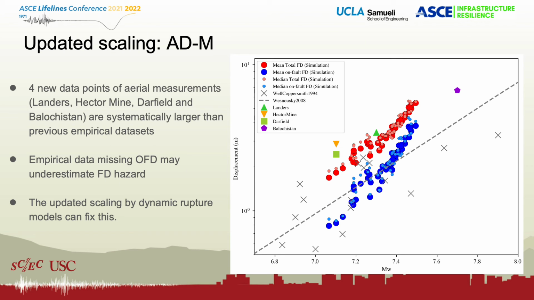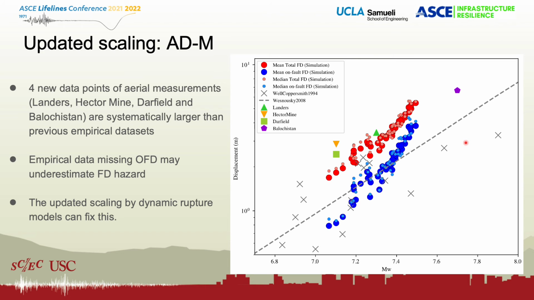The scaling relationship between average displacement and magnitude is often used by PSHA and PFDHA models. Our own fault displacement datasets were close to previous empirical datasets and developed the scaling law.